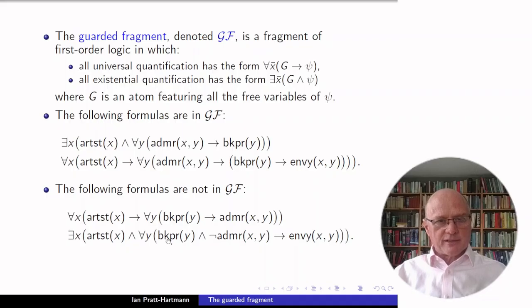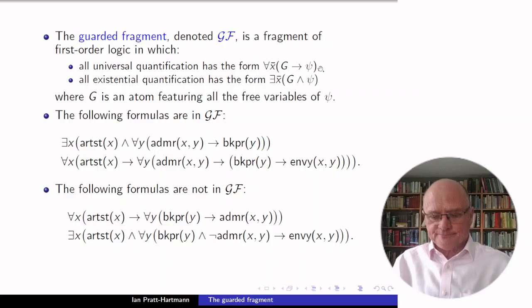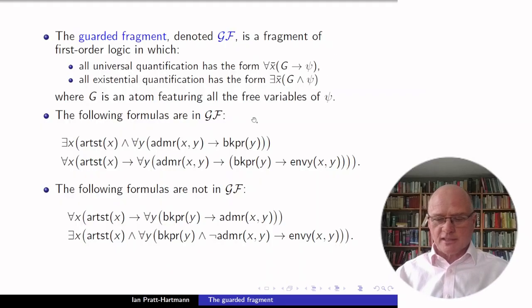So this is an atom, but the whole antecedent of the conjunction is a conjunction. So that formula is not guarded. It is not of the form indicated here. Okay, so that's informally what the guarded fragment is.